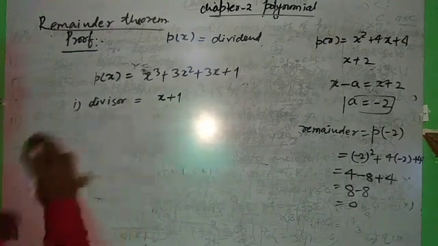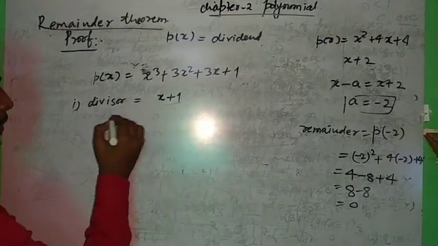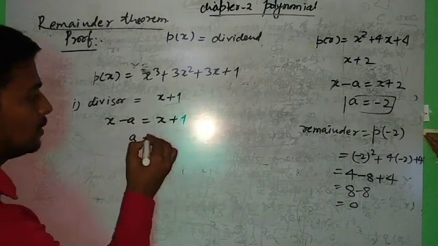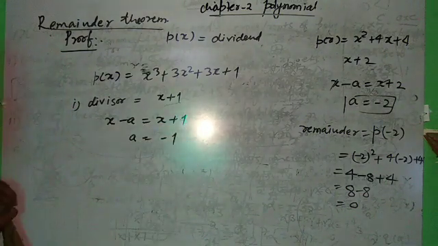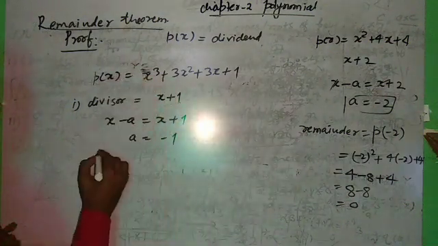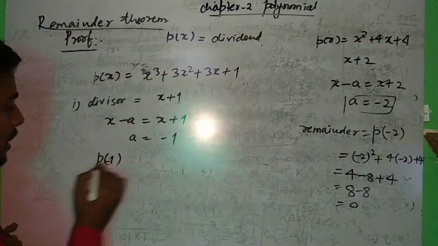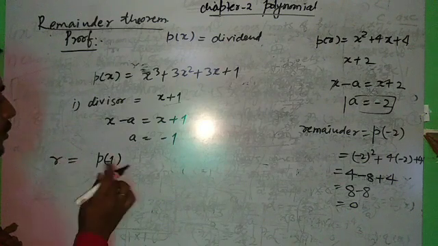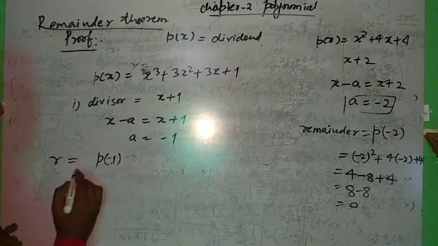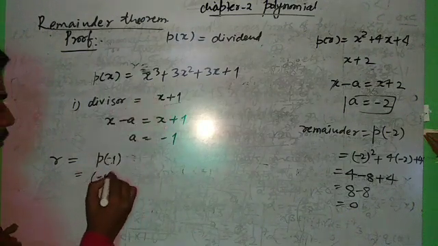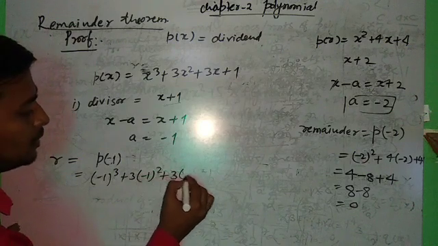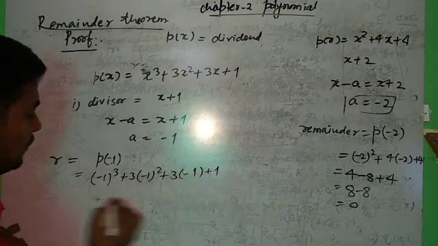So first we will solve this. On comparing, x minus a is equal to x plus 1, a is equal to minus 1. So put minus 1, the remainder r is equal to P(minus 1) is equal to (minus 1) whole cube plus 3 (minus 1) square plus 3 (minus 1) plus 1.